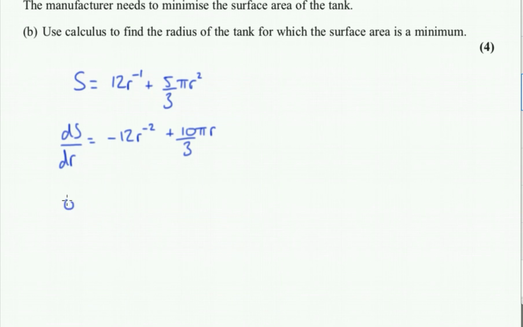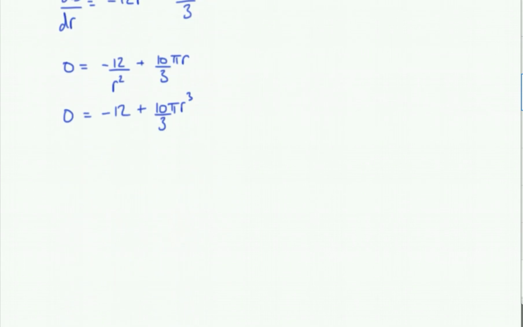When that's 0, we'll have our stationary points. I'm going to write this as negative 12 over r squared. And then I'm going to times each term by r squared to get rid of the fraction. So that's going to be 0 equals negative 12 plus 10 over 3 pi r cubed. If we make r the subject, we're going to have 10 over 3 pi r cubed equals 12, times by 3/10. That's going to be 36 over 10.